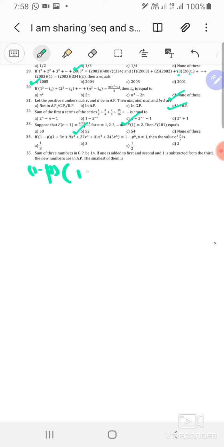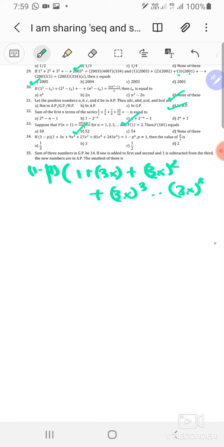Okay, cool. So, wait a second, the value of p upon x is, okay, cool. So 1 plus 3x plus (3x) squared plus (3x) cubed all the way till (3x) raised to the 5th power.